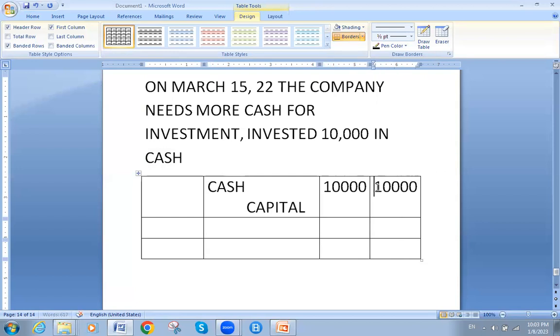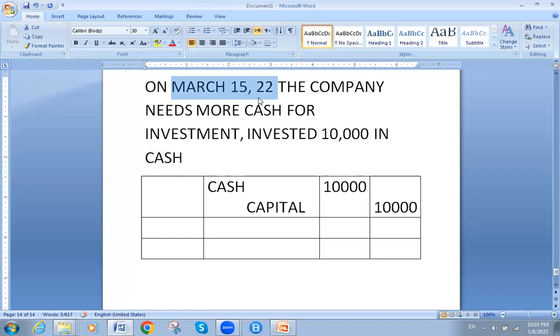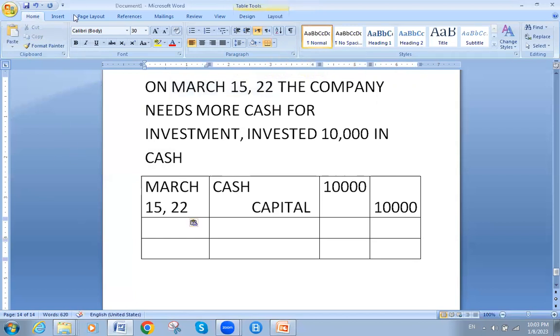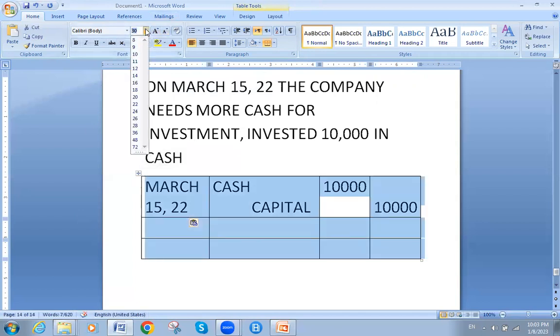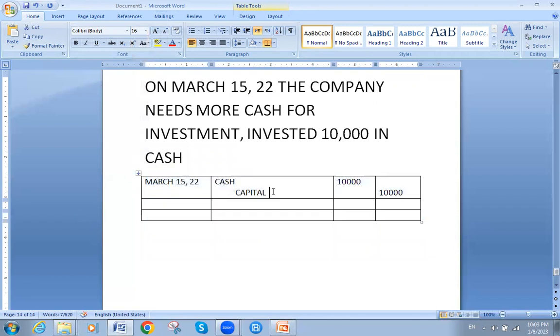And here this 10,000 will be down from cash to capital, and it's March 15, 22. Control and C, March 15, 22. And we'll make it like this way.